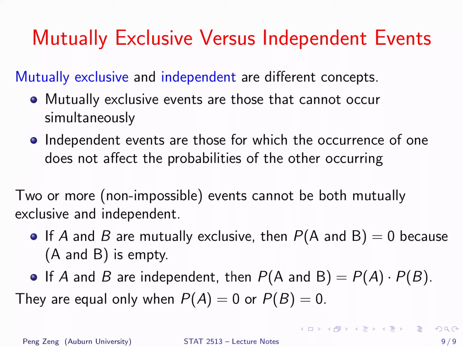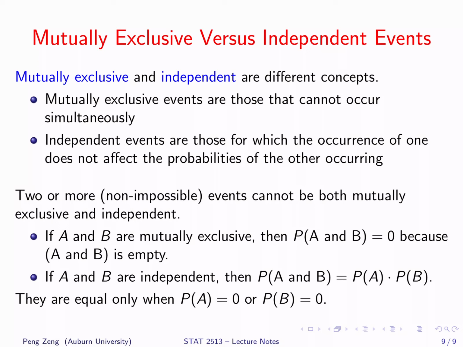A more rigorous statement is that 2 or more non-impossible events cannot be both mutually exclusive and independent. If A and B are mutually exclusive, A and B is an empty set and hence probability of A and B equals 0. If A and B are independent, then probability of A and B equals probability of A times probability of B. Connect these 2 equations.